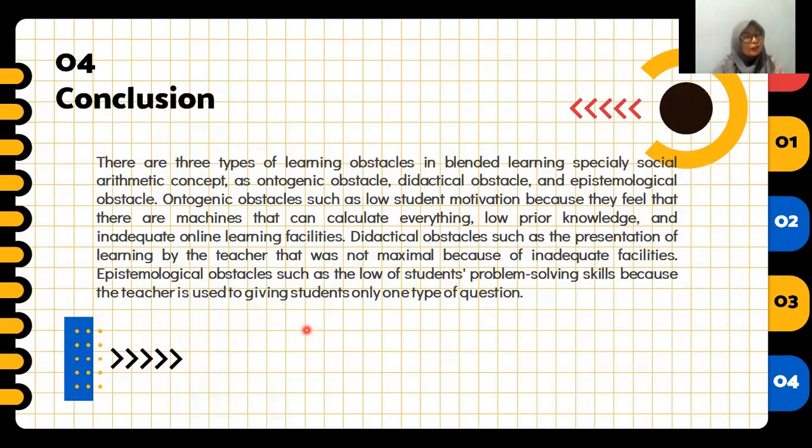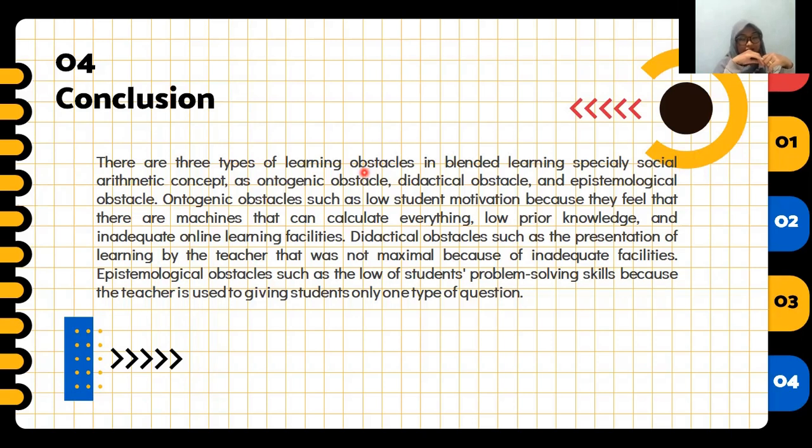The last chapter is the conclusion. In this study, I found there are 3 types of learning obstacles in blended learning, especially in the social arithmetic concept in Batanghari Regency: ontogenic obstacle, didactical obstacle, and epistemological obstacle. Ontogenic obstacles are such as low student motivation because they feel that they have a machine that can calculate anything, low prior knowledge, and inadequate online learning facilities.